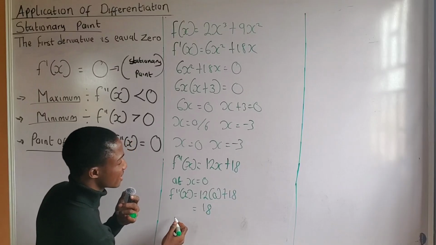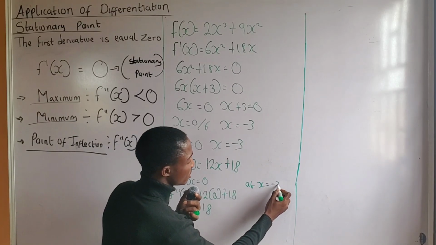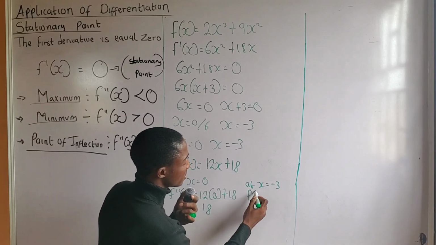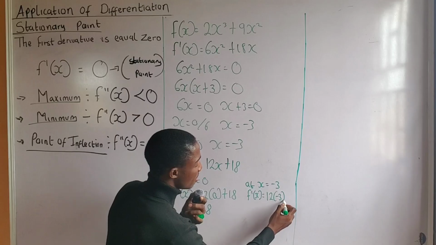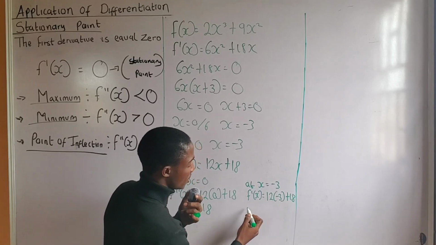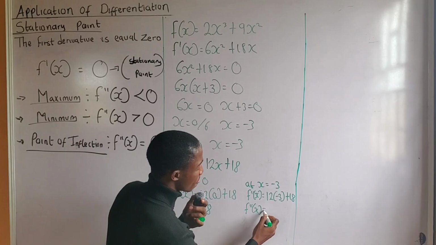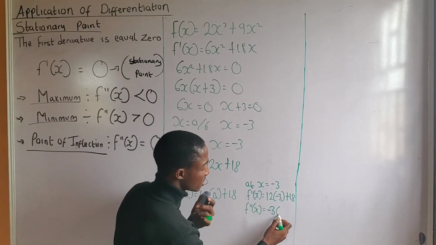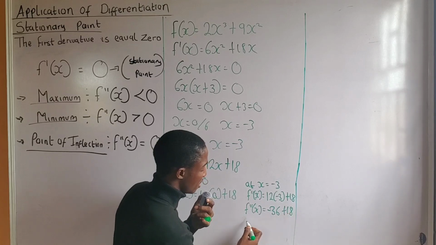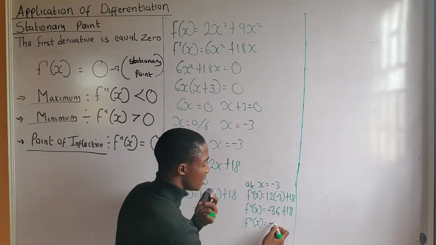At x equals minus 3, the second derivative of f of x will be equal to 12 multiplied by minus 3 plus 18. That is 12 times minus 3, which is minus 36. Minus 36 plus 18 will give me negative 18.